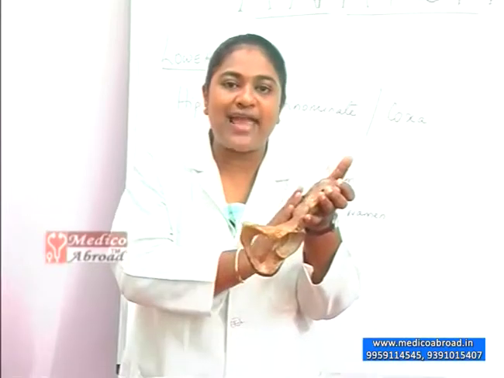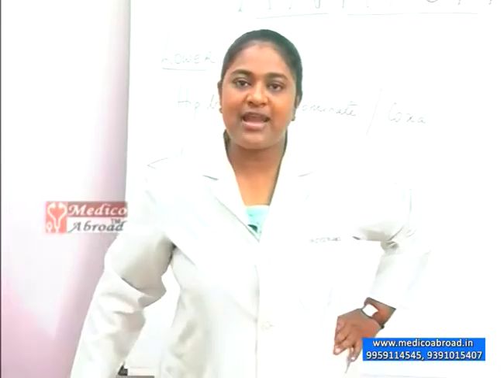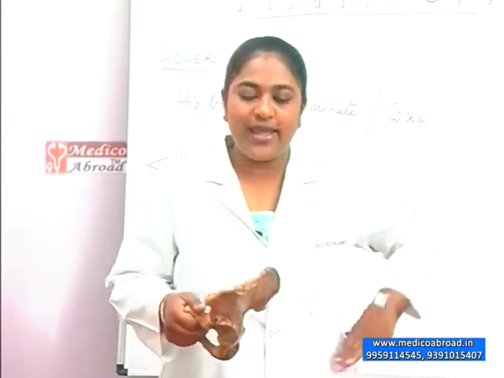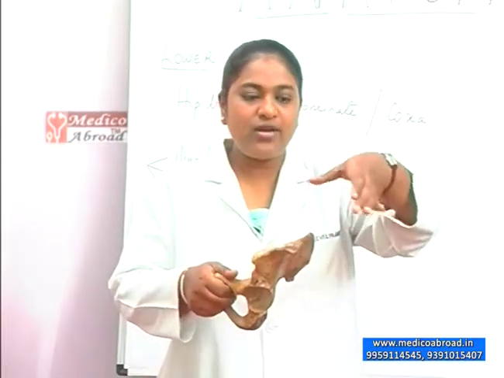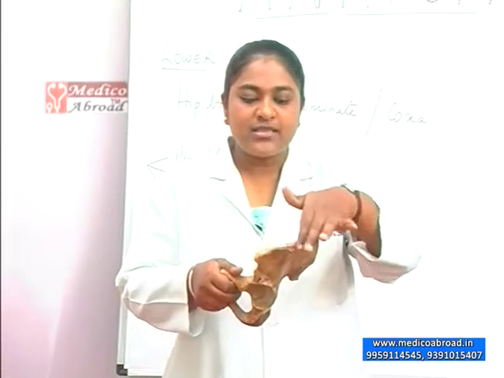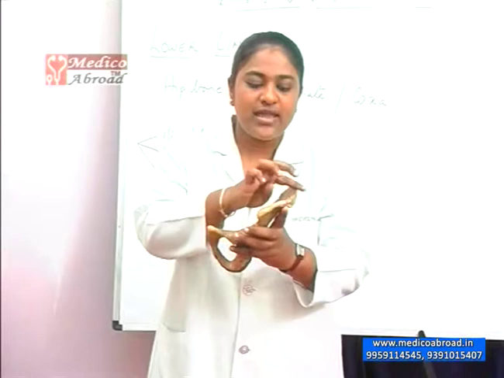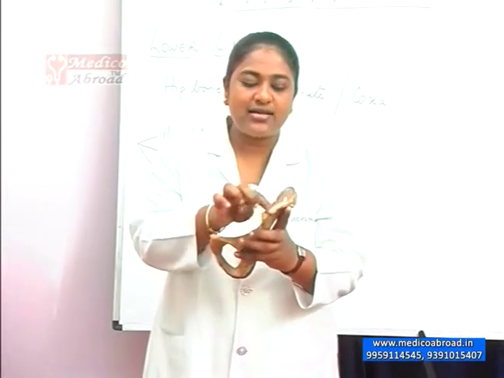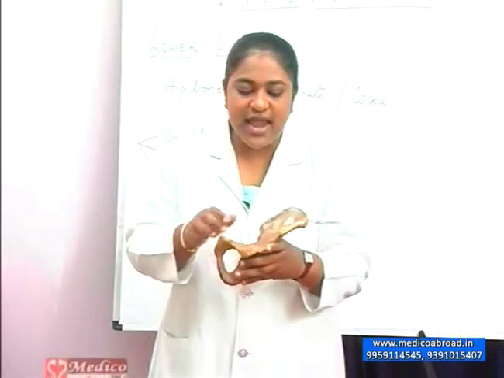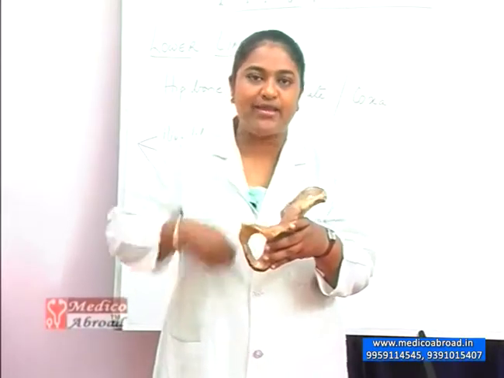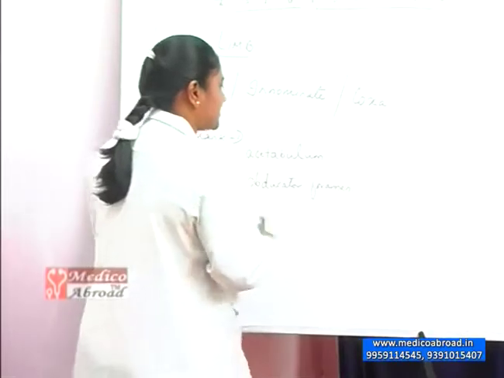This is called the flank. When you actually stand with hands on your hips, this is the part that you are holding. This part is called the iliac crest. Now the iliac crest anteriorly shows you the anterior superior iliac spine, or ASIS.